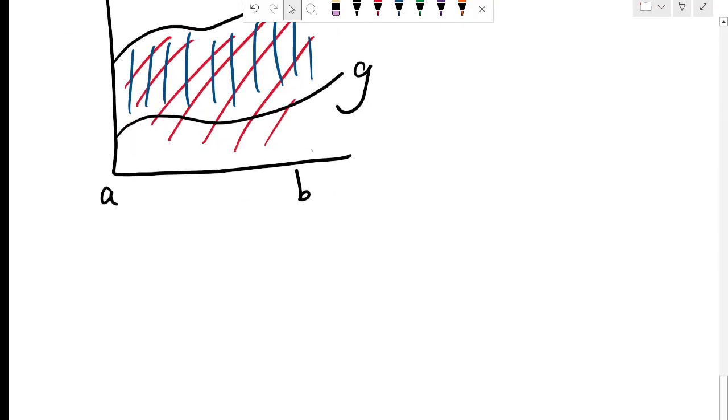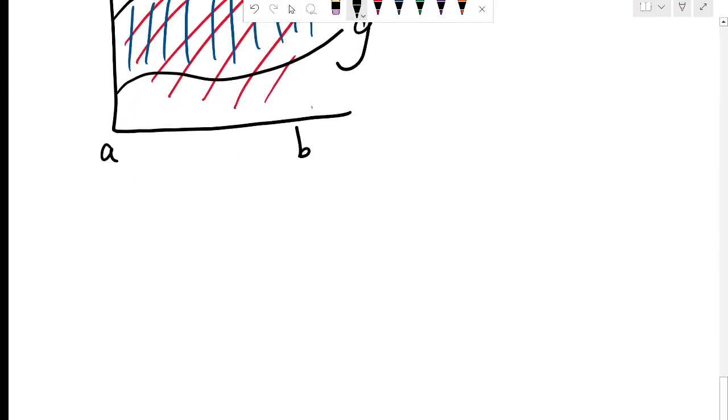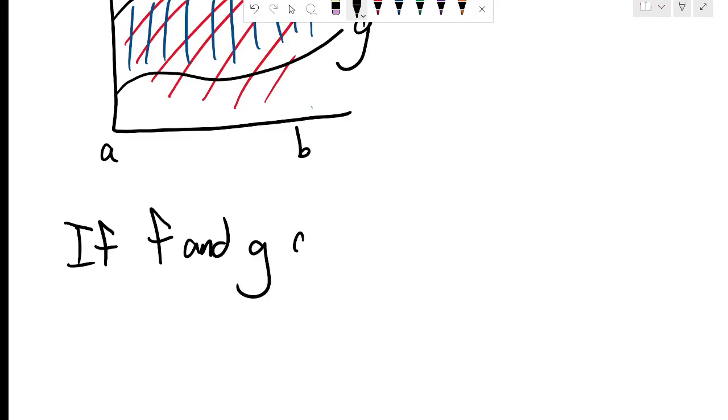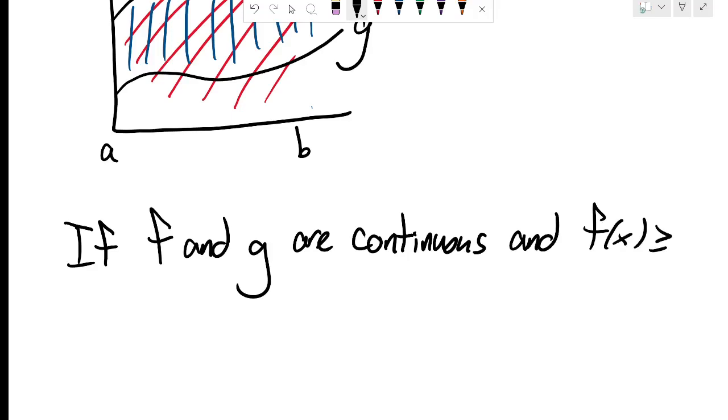So, to state this formally, we would say that if f and g are continuous, because this idea is only really going to work if they're continuous, and f of x is greater than or equal to g of x on [a, b]. There are ways to generalize it if they switch back and forth.